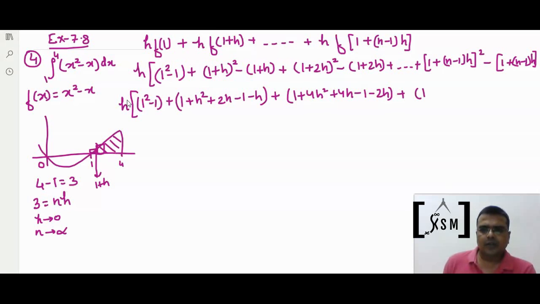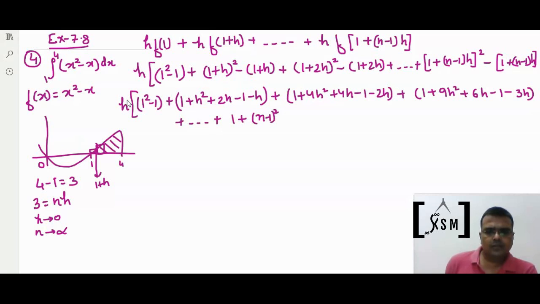It would be 1 plus 9h square plus 6h minus 1 minus 3h, right? And like that, the last would be 1 plus (n minus 1) square h square plus 2(n minus 1)h minus 1 minus (n minus 1) times h.